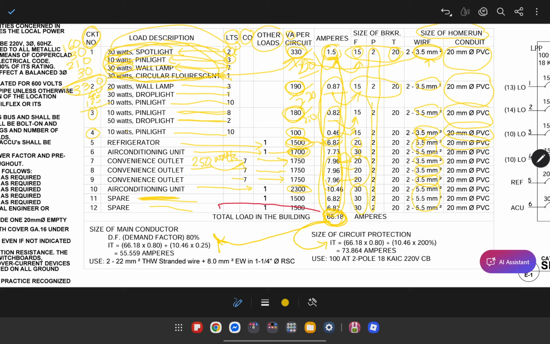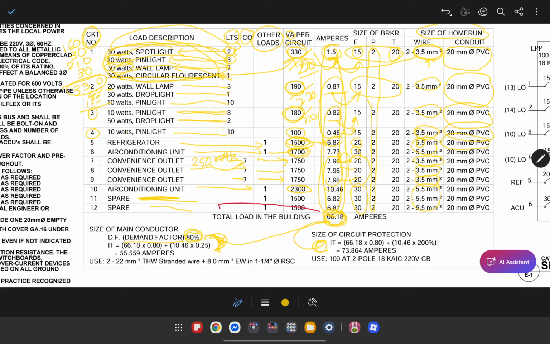Okay, I will no longer discuss how this is done, because for one, I've noticed that each electrical engineer I have approached will always have a different way of using the demand factor. If you notice here, it's just 80%.